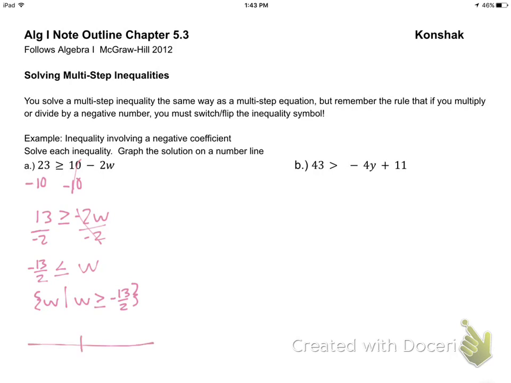What's my anchor point? Critical point there. Leave it as an improper fraction, guys. 13 divided by 2. So it's negative 13/2. Is it an open dot or closed dot? It's going to be closed because it says equal to. What point do I want to use to check? 0. 0 on the left or the right?